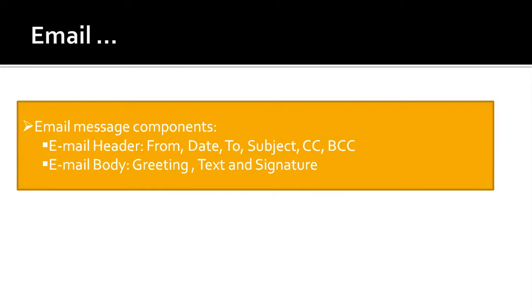First one is the email header, which contains various fields like date, to, from, subject, carbon copy, and blind carbon copy. And the email body section contains the greeting, text, and signature of the user.